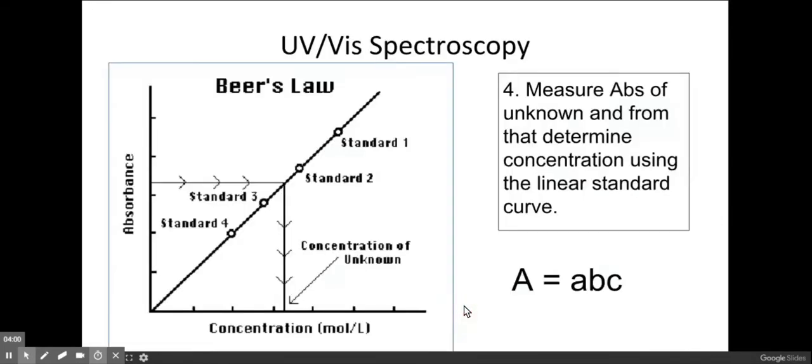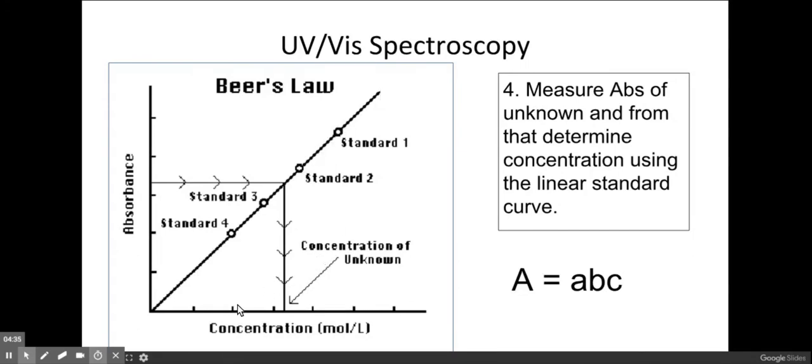Okay, so then what we do is we have made several solutions. We know what our solution is made of, and we are making known concentrated solutions, like maybe 1 molar, 0.5, 0.25, 0.1, etc. Then we check the absorbance at that maximum absorbance wavelength from our previous slide, and read the absorbances of those known concentrated solutions.